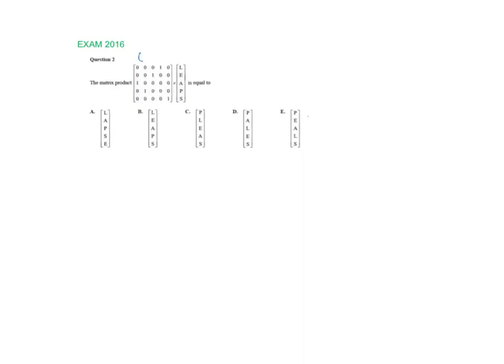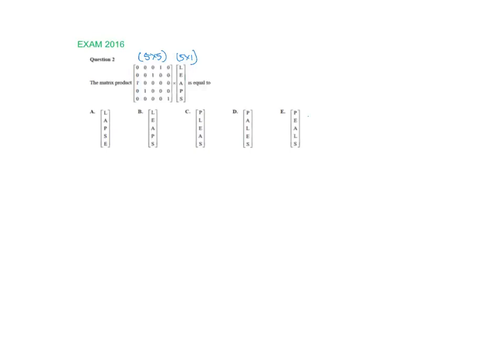If we were checking that this is defined, we've got a 5 by 5 and a 5 by 1. If you went to enter this into your calculator, it could take quite a long time, which is maybe not what we want to be doing in an exam. So it's easier just to work it out quickly in your head.